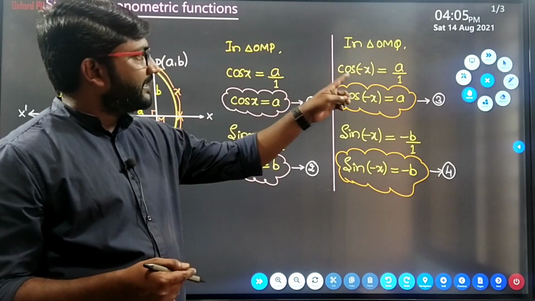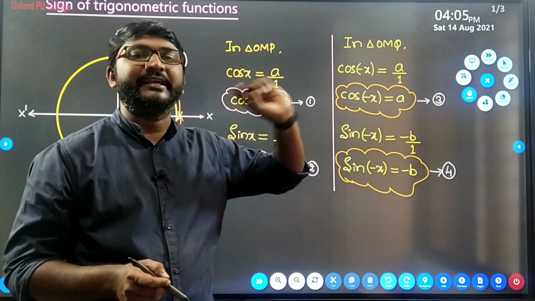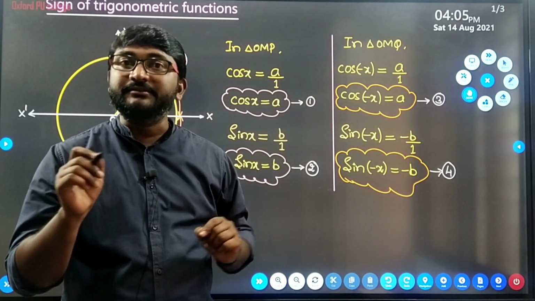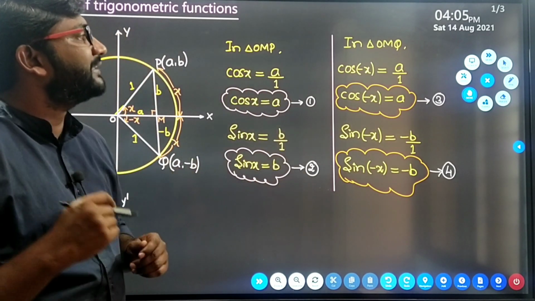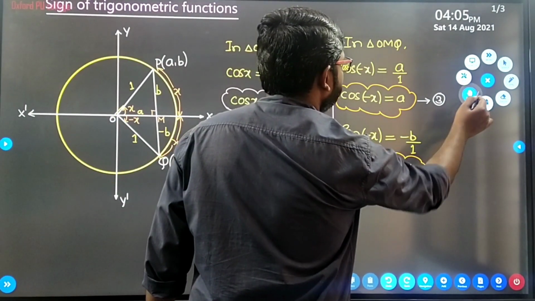So here in equation 1 and equation 3, you have the same RHS. So here also a, here also a. That means from 1 and 3, we can write cos of minus x is equal to cos x. So let us write that.